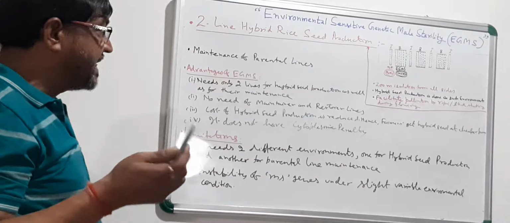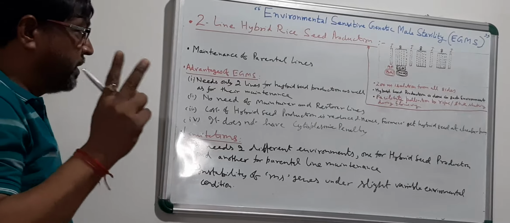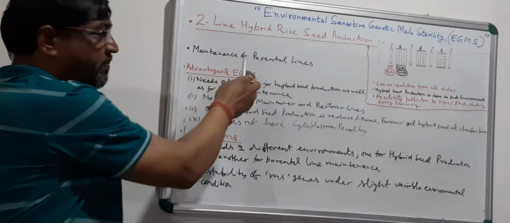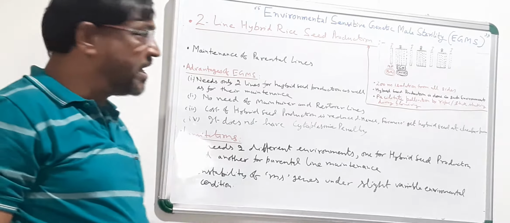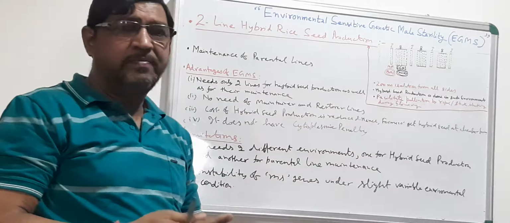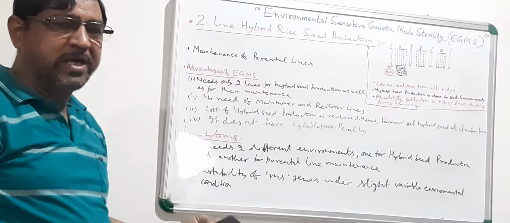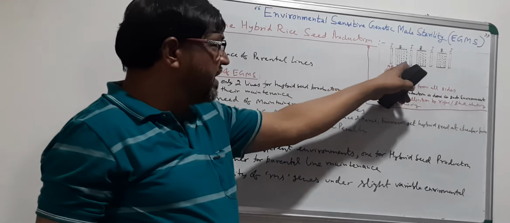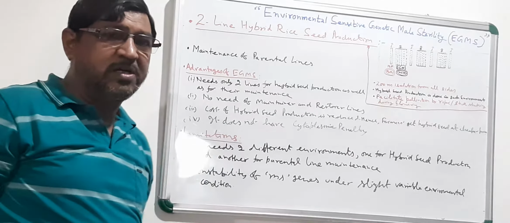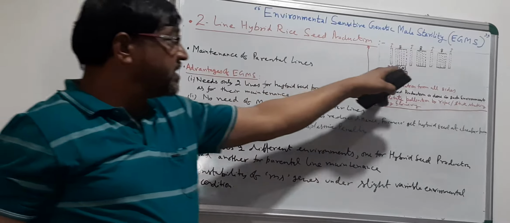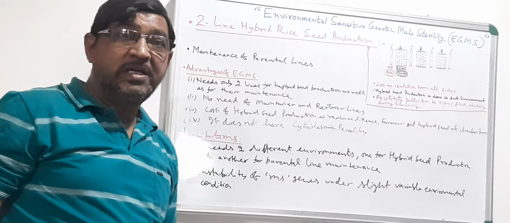You have very well seen that you require only 2 lines. How are you maintaining the parental lines? Parental lines means the pollinator. Since it is normal, anywhere you can grow it and maintain it. Since the other is male sterile, EGMS or TGMS or PGMS, you have to grow it in a suitable area.